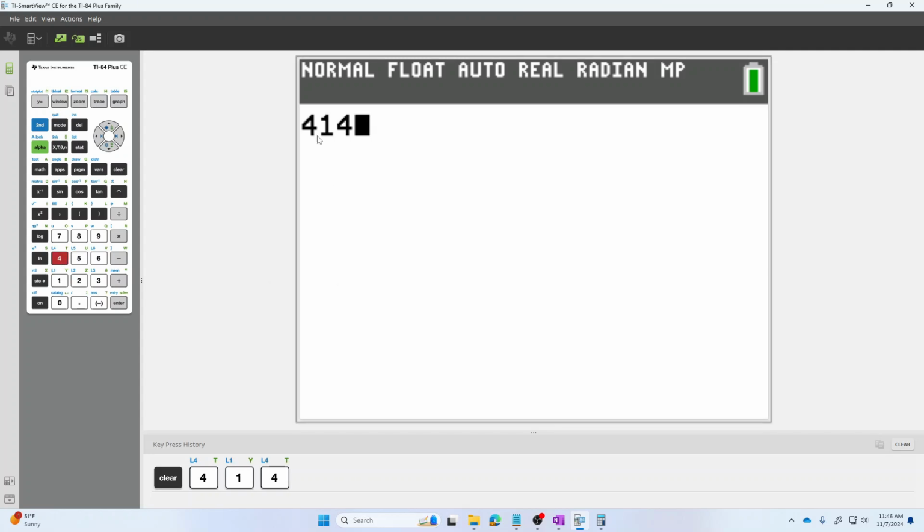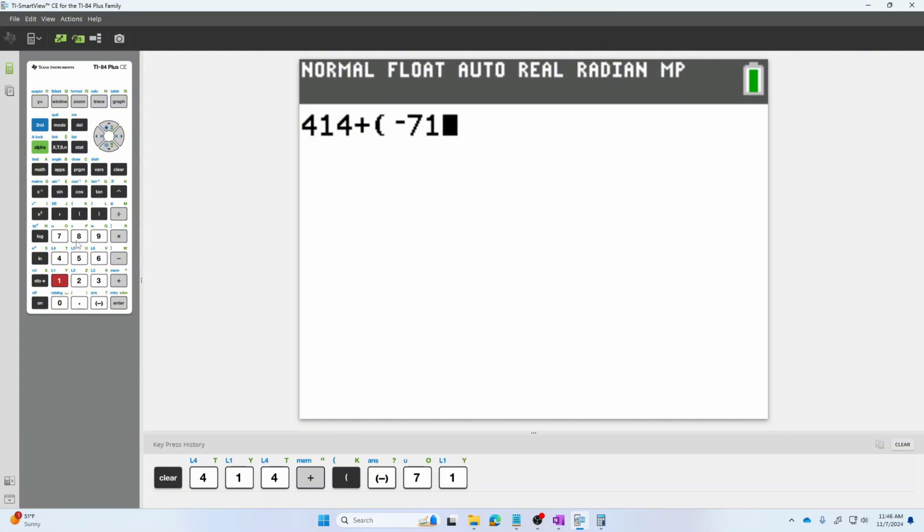I'll type in 414 plus and then open the parentheses. And then I'm going to type the negate symbol, and it's located down here at the bottom right of the calculator. On the Texas Instrument, I'm going to type this symbol first, and then I'm going to type 718 after that, and then close those parentheses.